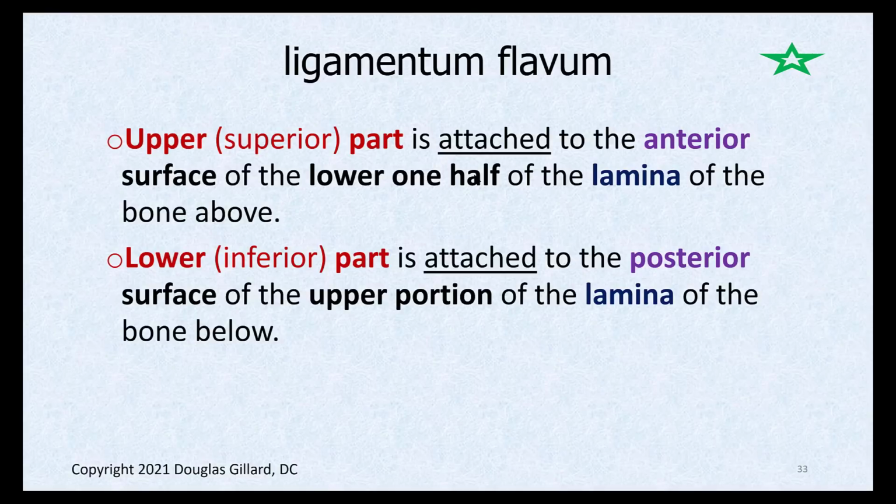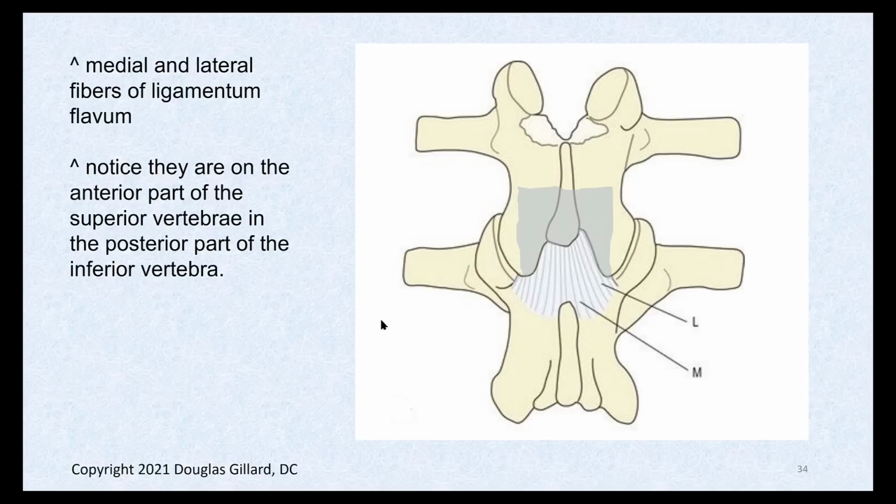Okay, going into the weeds a little bit. The superior part is attached to the anterior surface of the lamina. The lower part is attached to the posterior surface of the lamina. So it would look like this from a P to A view. You can actually see ligamentum flavum kind of hanging out here, but then it disappears.